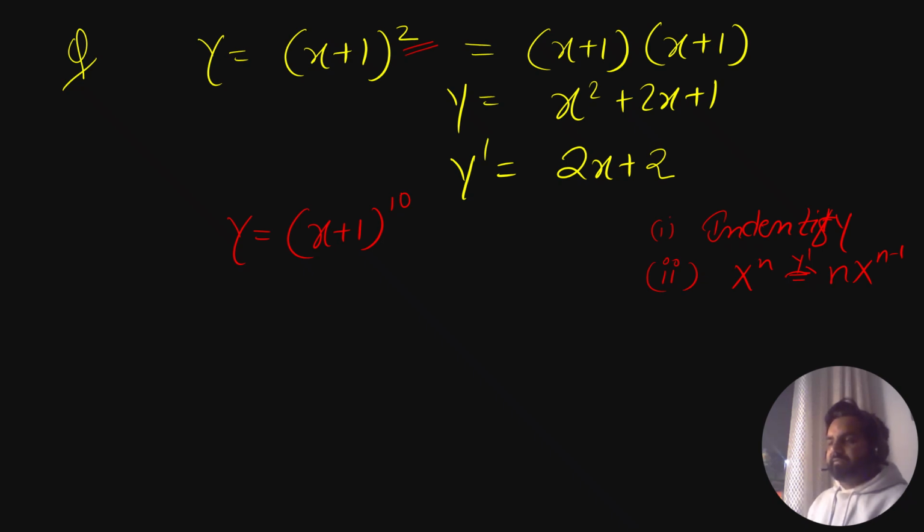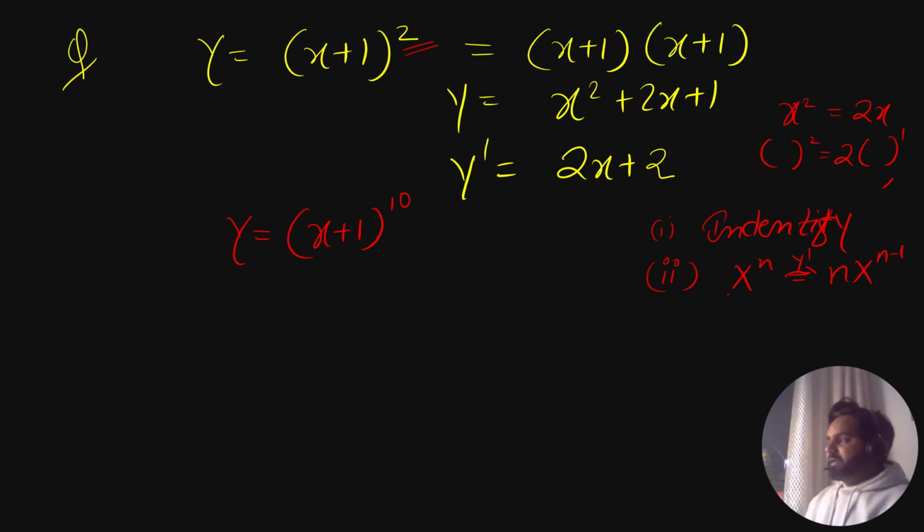Okay, now this is an algebraic function. So what we have to do is use everything on the bracket. Like let's say if we have x square, differentiation of this is 2x. So if you have a bracket square, differentiation of that will be 2 bracket power 1.